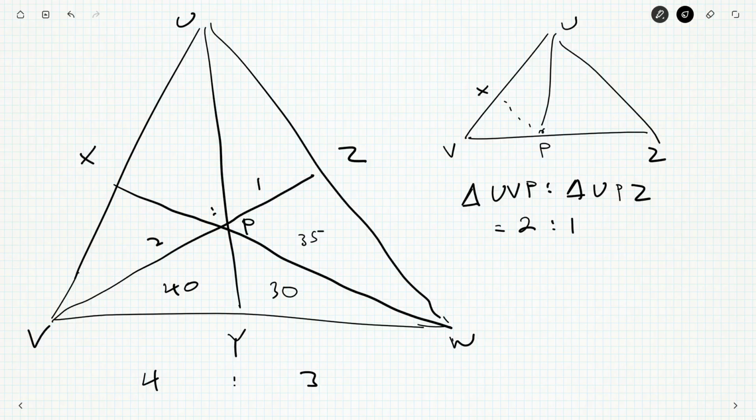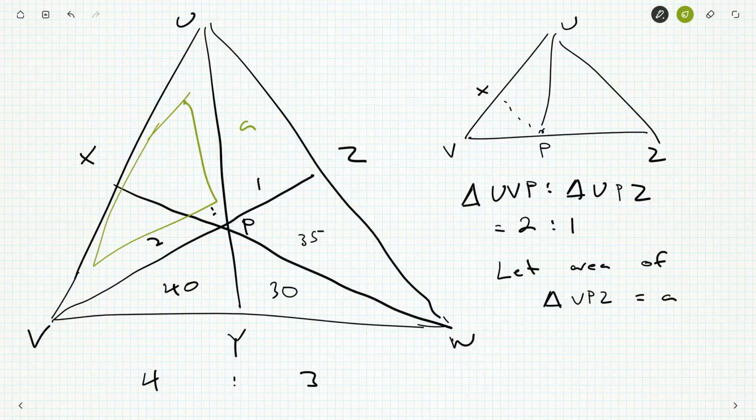I don't know any of these triangles here yet. So we might say, let the area of triangle UPZ equal, I don't know, little a for area. So then I've got little a here. Now this whole thing here is going to be 2a.